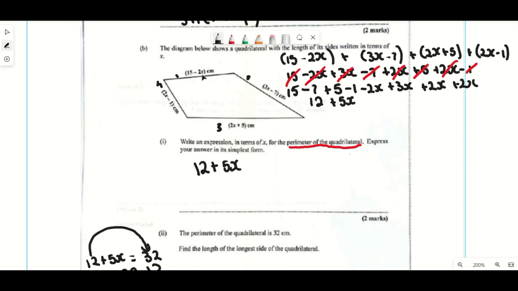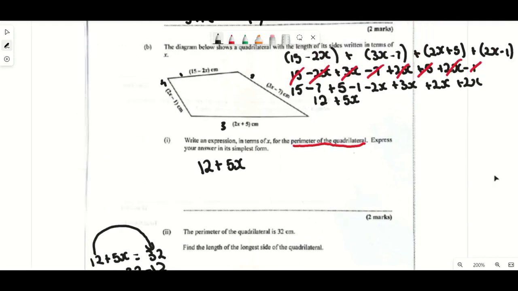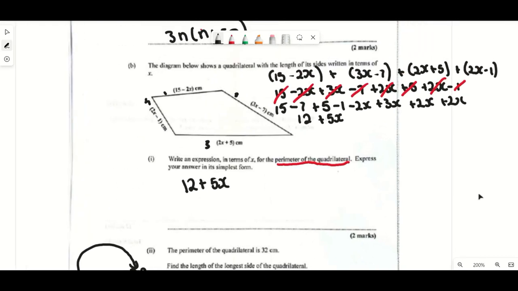Wherever you see x, you put 4. So right here, we have 15 minus 2 times x, which is 2 times 4, is 8. So 15 minus 8 is equal to 7.